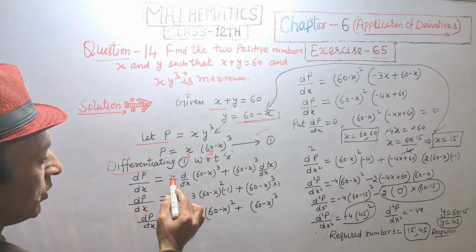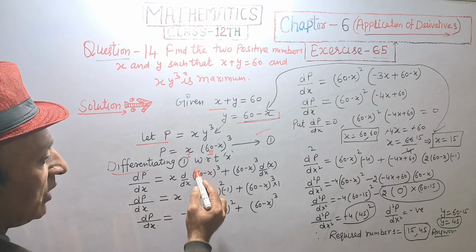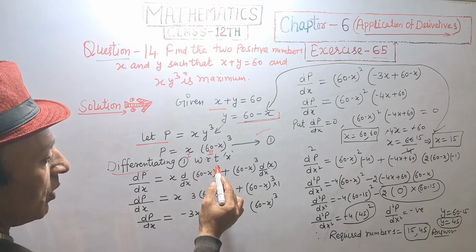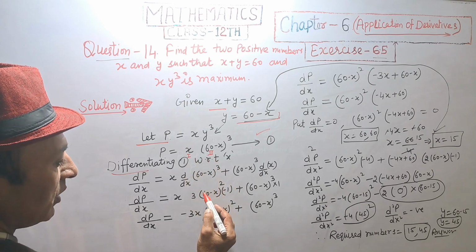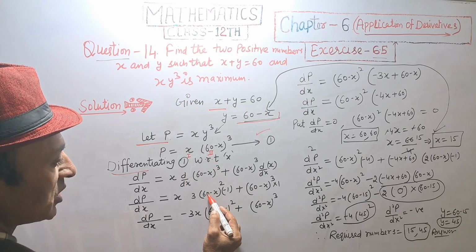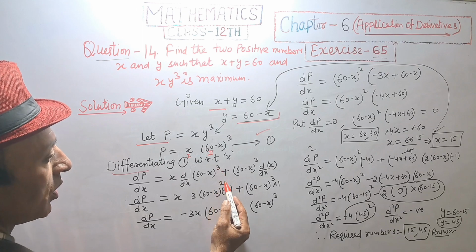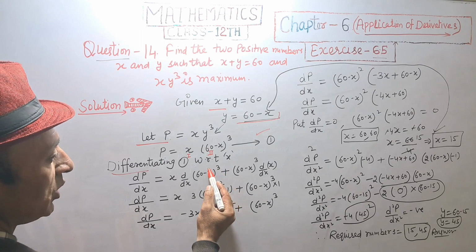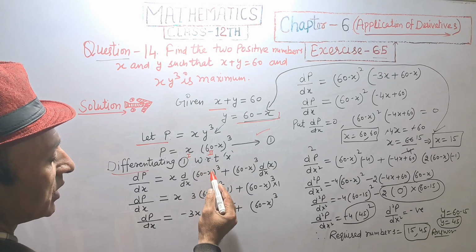dp upon dx equal to first function as it is and derivative of (60 minus x) raised to power 3, in power differentiation, that is 3 into (60 minus x) raised to power 3 minus 1, that is 2, into d/dx of (60 minus x).